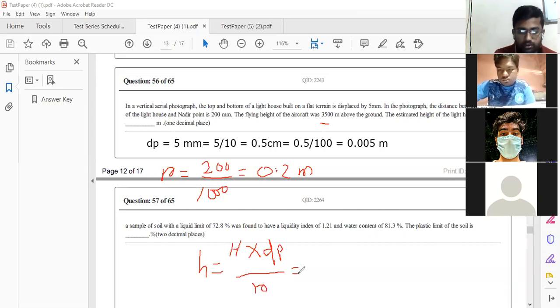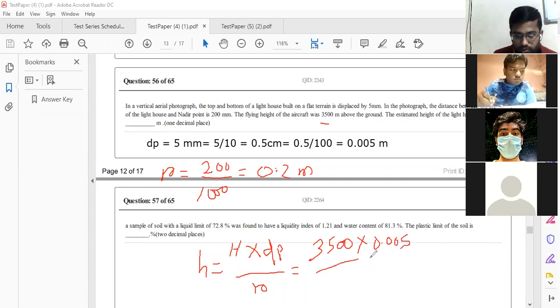Substitute this value. So h is 3500 meter multiplied by displacement 0.005 meter divided by the distance 0.2 meter.